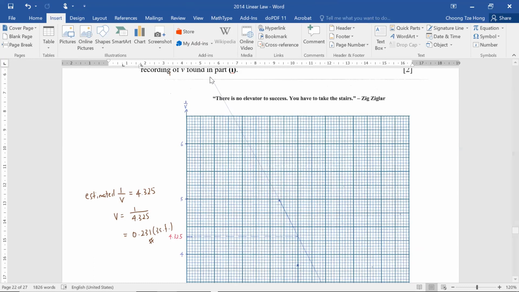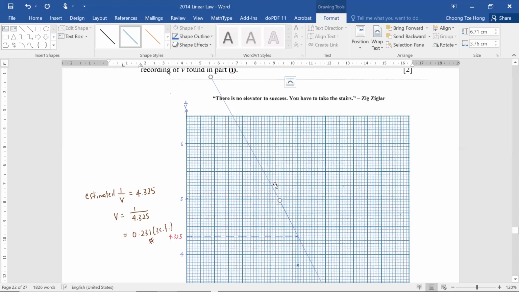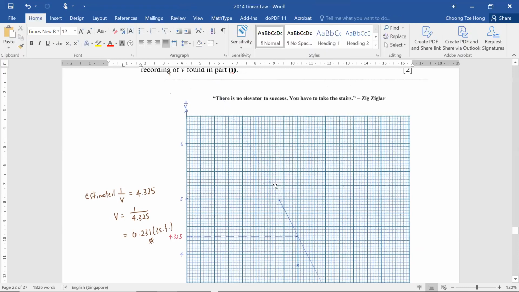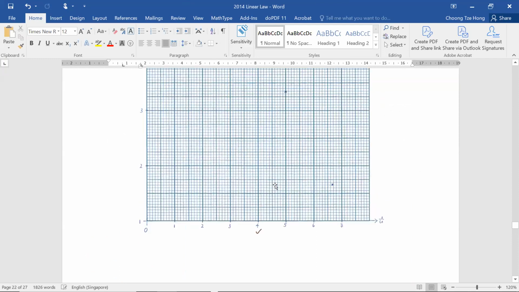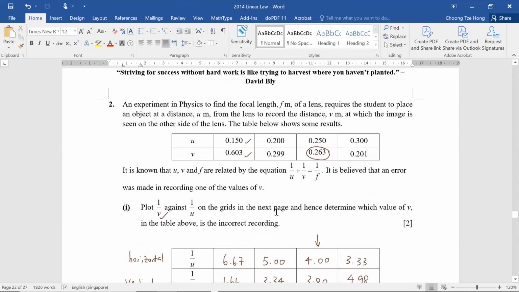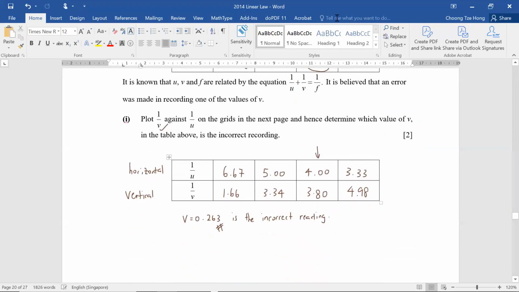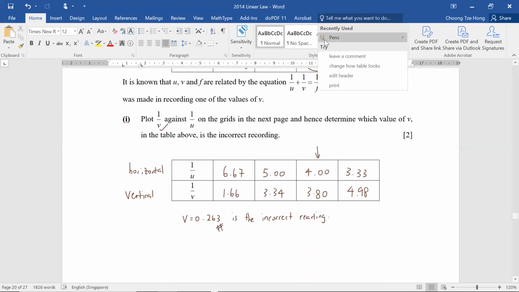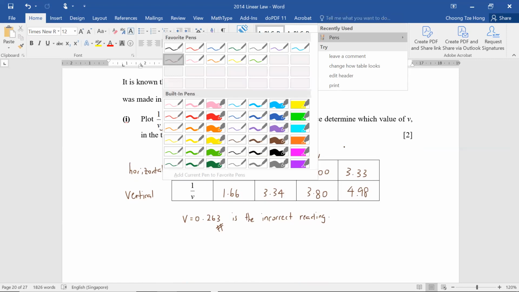So in other words, I cannot use my graph to find my value because it's going to go outside the graph paper. But there's no issue here. If we can't use the graph, then we can use a set of values of 1 over V and 1 over U to sub in and find the value.